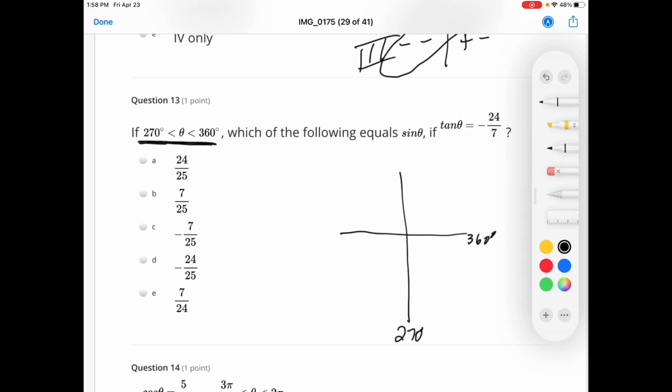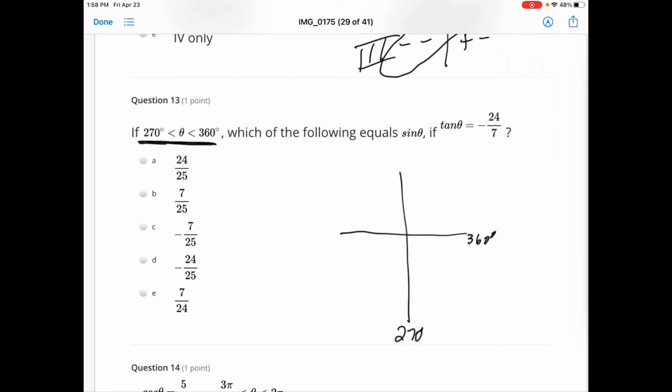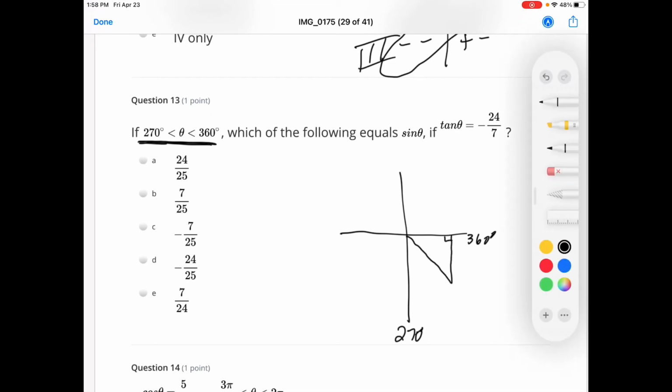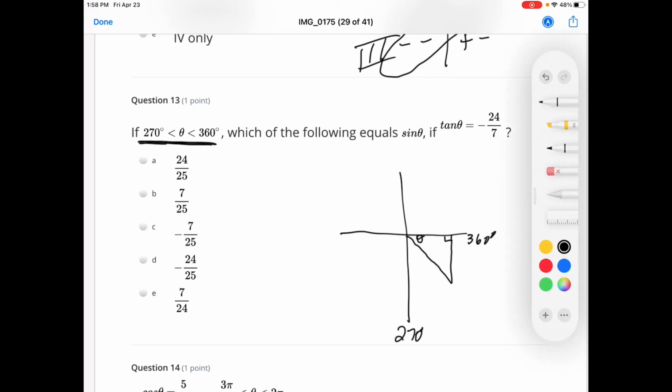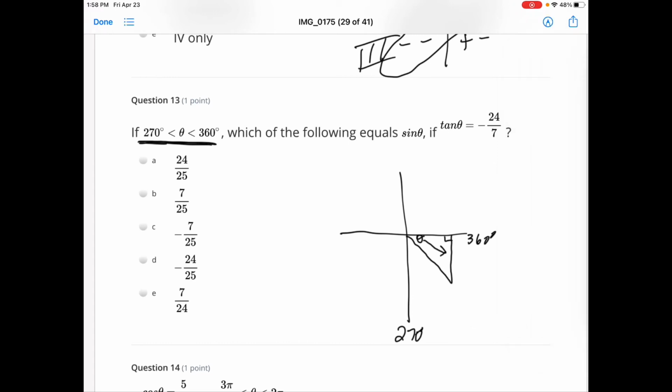So it's in quadrant 4 somewhere. So let's draw something in quadrant 4. Let's make a right triangle out of it. And let's put theta here by the origin. Okay, so tangent is opposite over adjacent.